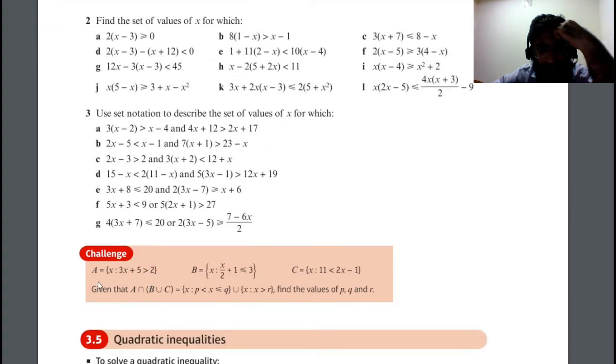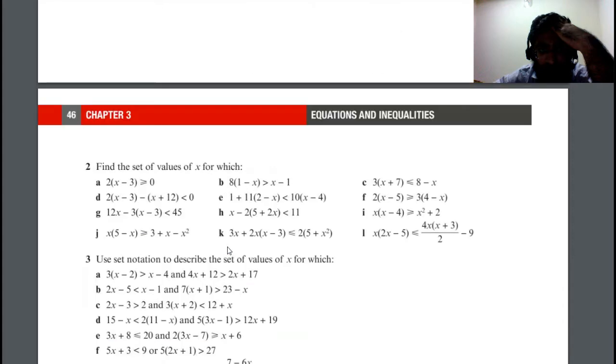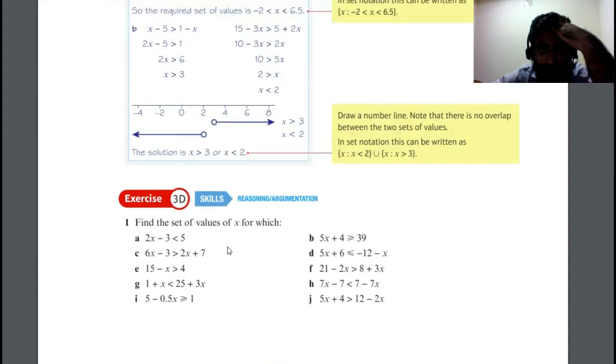You can write the answer in set notation. Set notation: x such that x is greater than this, or this sort of way. Here, x such that x is less than 2, union x such that x is greater than 3. x is either this or this.